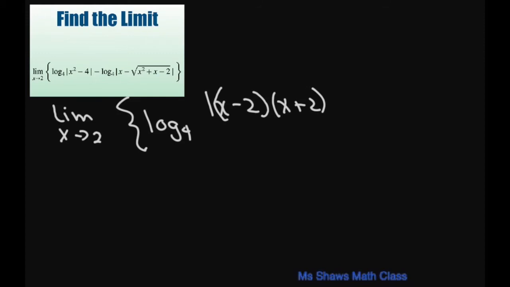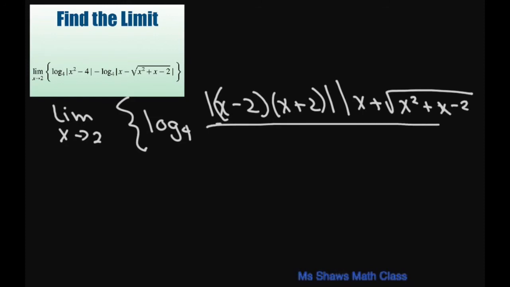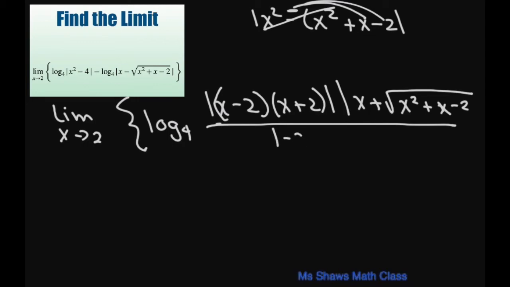And then we still had absolute value of x plus square root of x squared plus x minus 2. In the denominator, we had absolute value of x squared minus x squared plus x minus 2. So this is going to cancel, and then we have this negative, and you distribute the negative, and that's going to give you negative x plus 2.